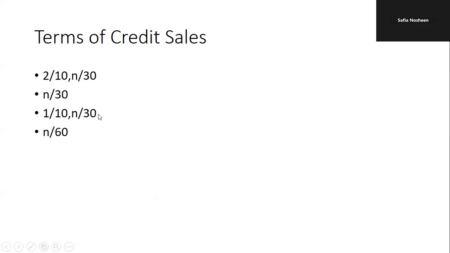These are some credit terms we must know before recording the transactions, and you must memorize these terminologies while solving the problems.